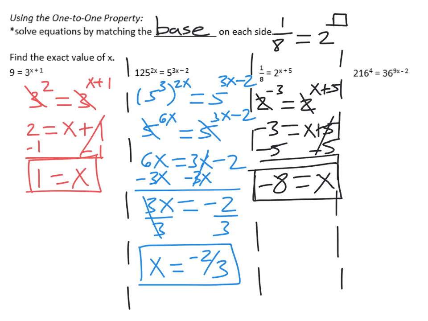All right, tricky deal here, right? 216 and 36. This is probably the toughest one we've seen so far. What would happen is you did a little guess and check, and you'd see you don't have a lot of luck switching those bases to each other, okay? So you might have to change both, right? That's possible here.